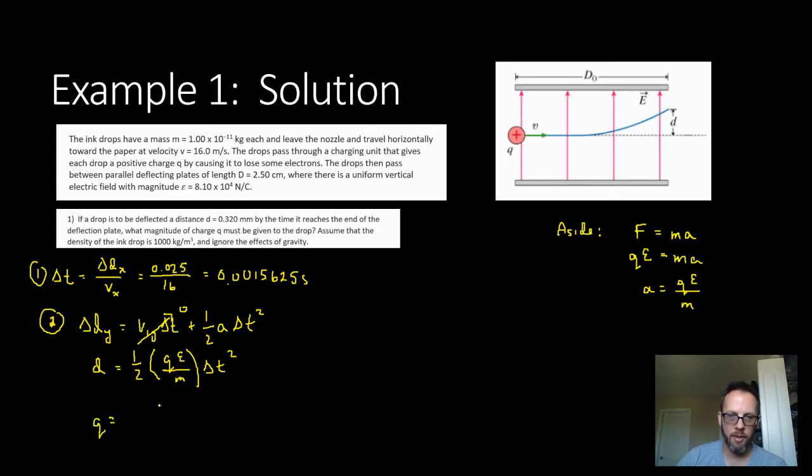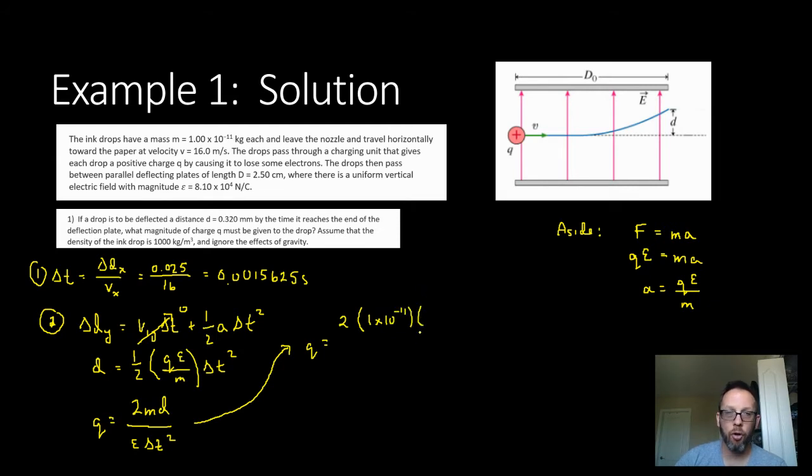So I'll take the 2 and the m on the bottom and multiply them up. So 2md. And I'm getting q by itself. So I have an epsilon and delta t squared I have to divide out. And this will get us the charge required to have that specific deflection. So the mass was 1 times 10 to the minus 11.